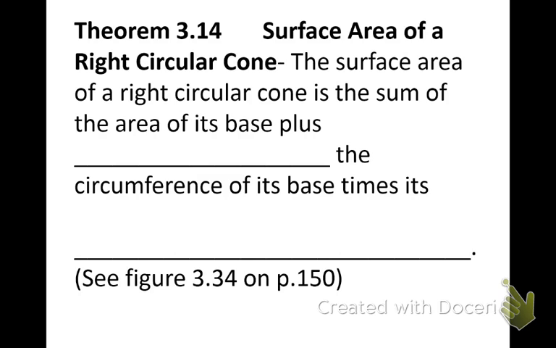Surface area of a right circular cone. The surface area of a right circular cone is the sum of the area of its base plus half the circumference of its base times the slant height. So it's the sum of the area of its base plus half the circumference of its base times its slant height.